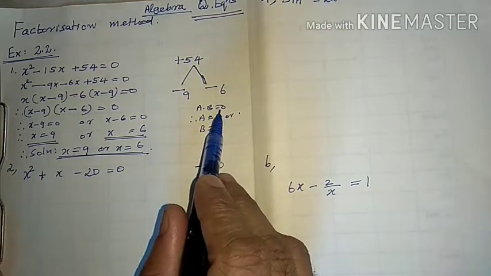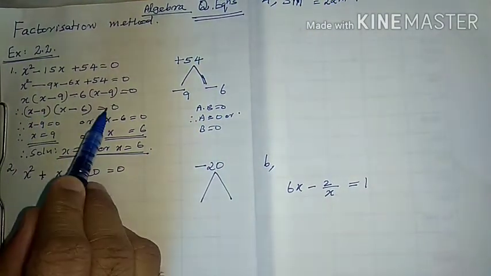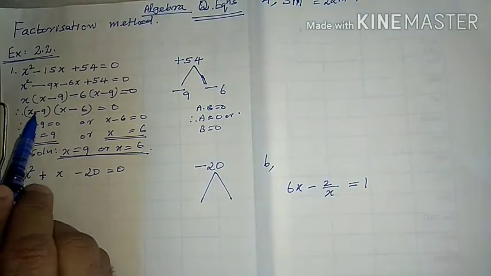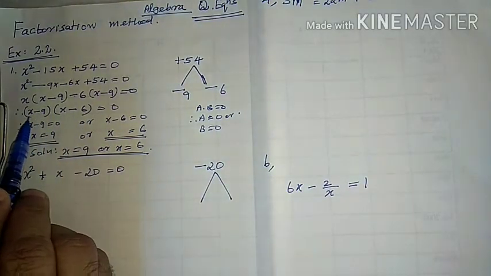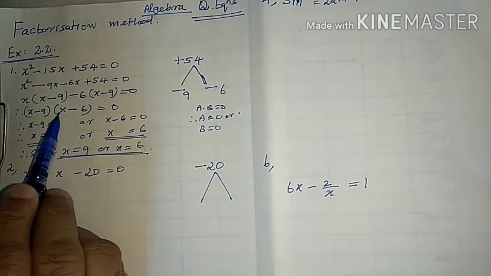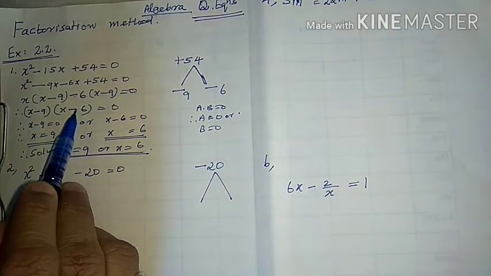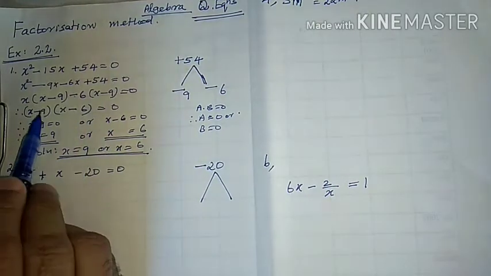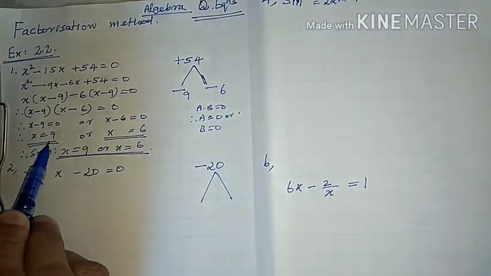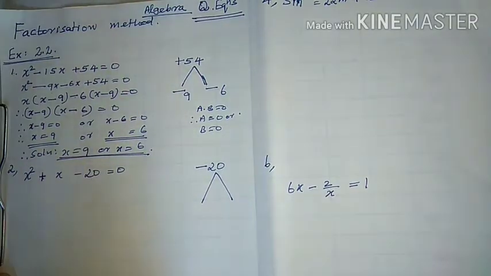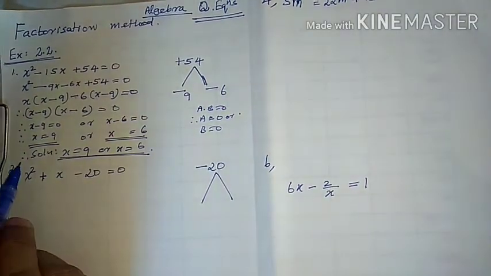Product of two terms is equal to 0, so either the first factor is 0 or the second factor is 0. x minus 9 is the first factor, x minus 6 is the second factor. With this argument, x is 9 or x is equal to 6. That is the first question.